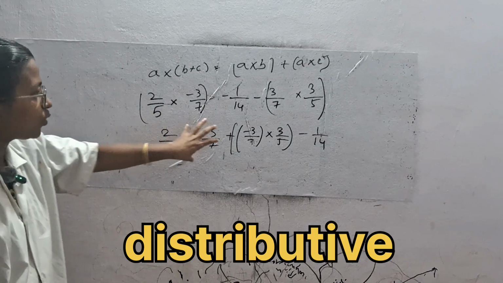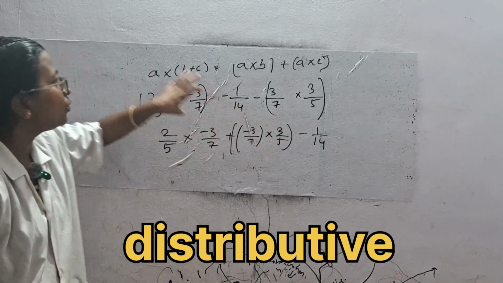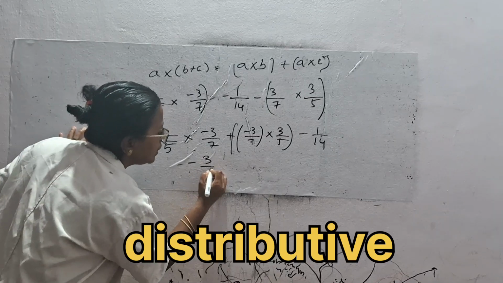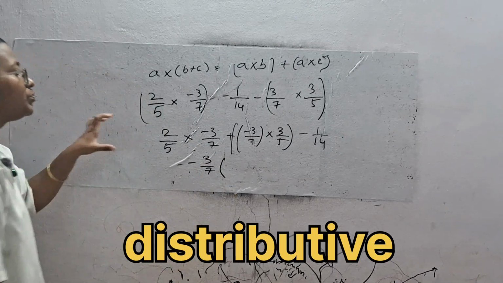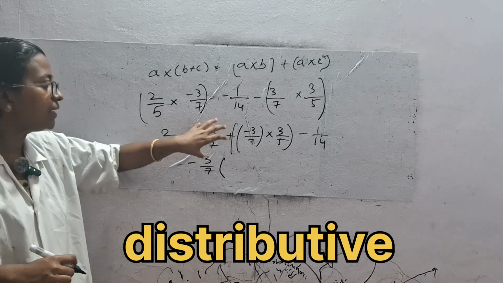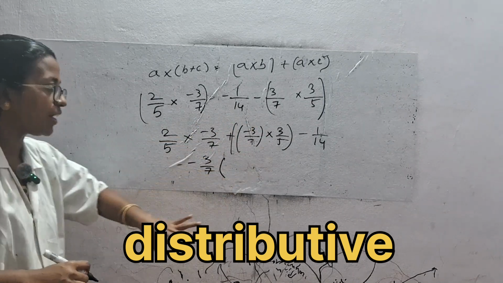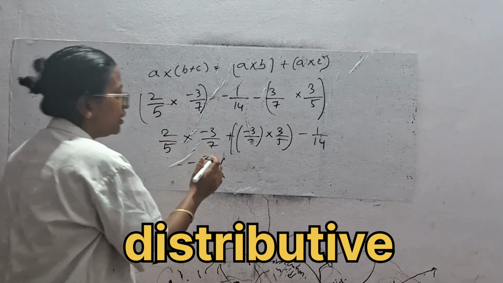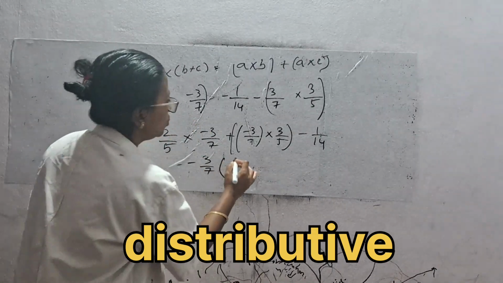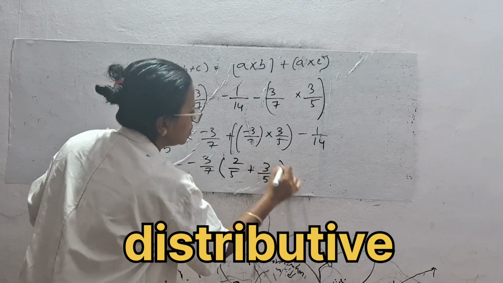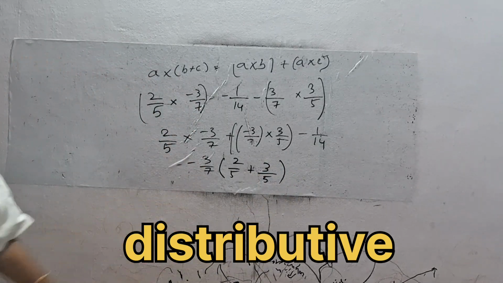So this is A cross B, A cross C. So we can write it as A cross B plus C. So minus 3 by 7 into B plus C. Minus 3 by 7 is common to both factors. So we take minus 3 by 7 as A. B is what? 2 by 5. C is what? 3 by 5.